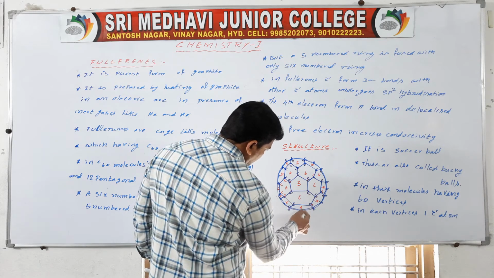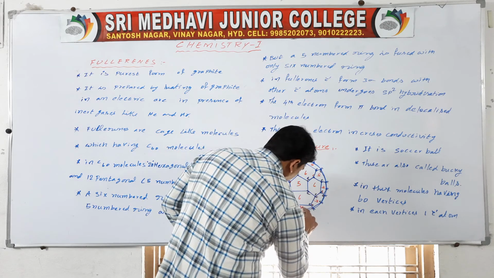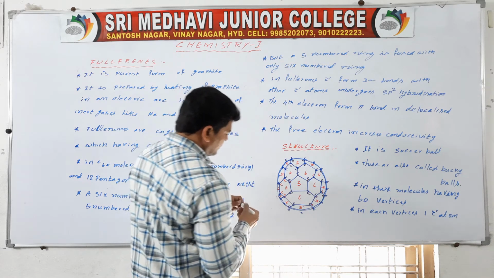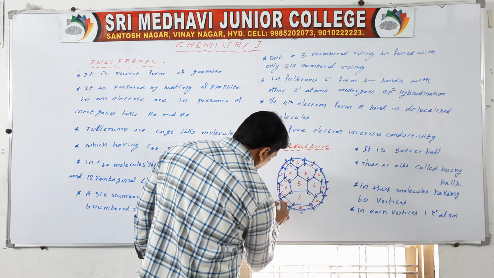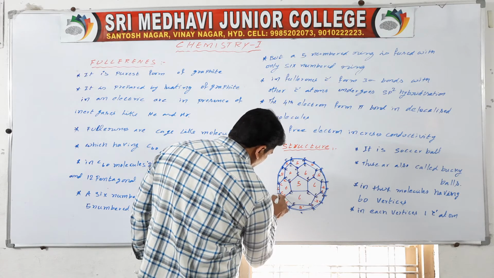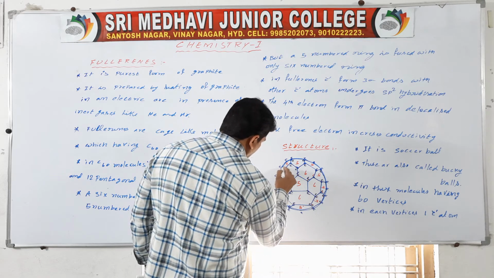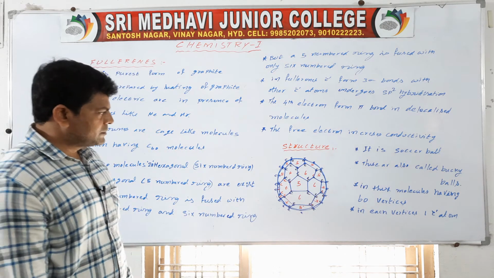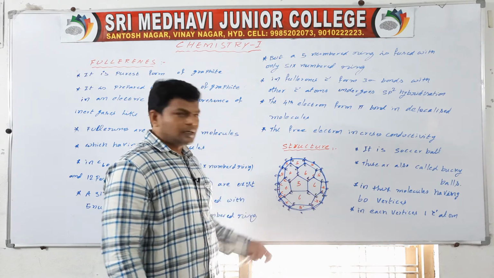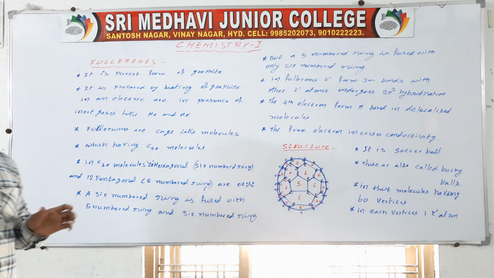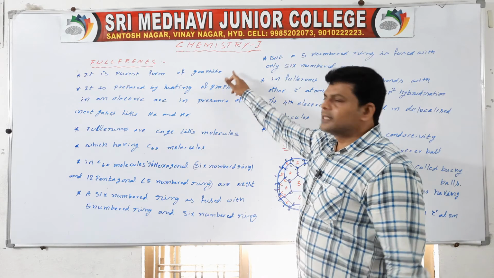One, two, three, four, five. It is a 5-numbered ring. All these are carbon atoms. Okay, 5-numbered ring, 6, 6, 6, 6, 6, then 5, 5, 6, like this. See here, it is the purest form of graphite.